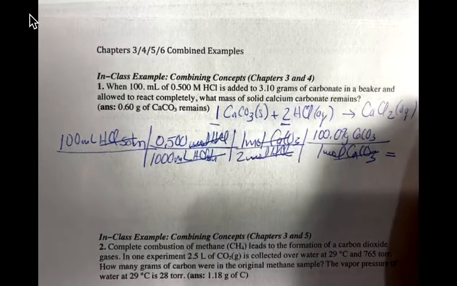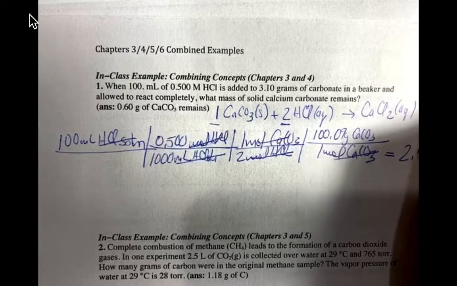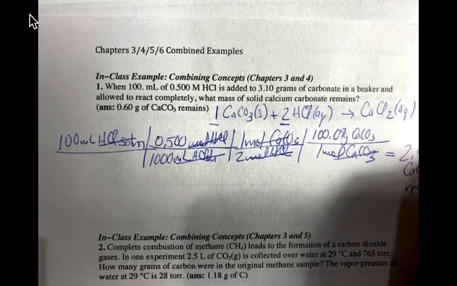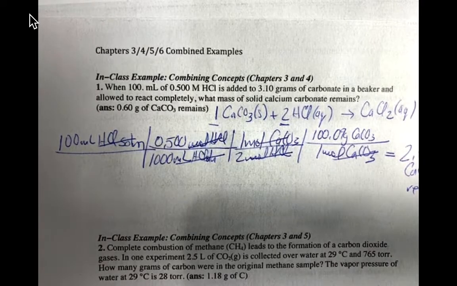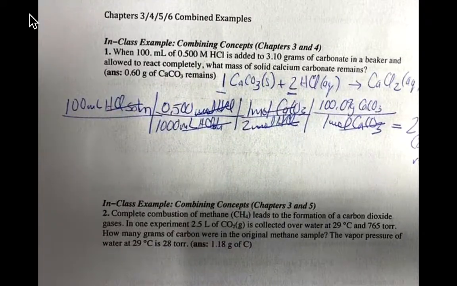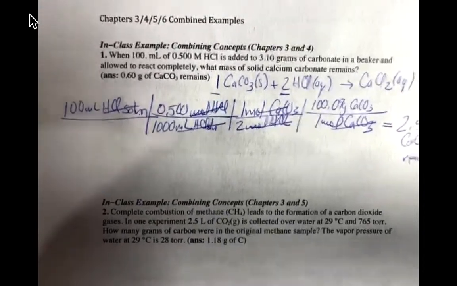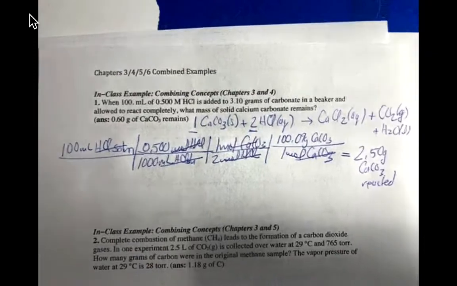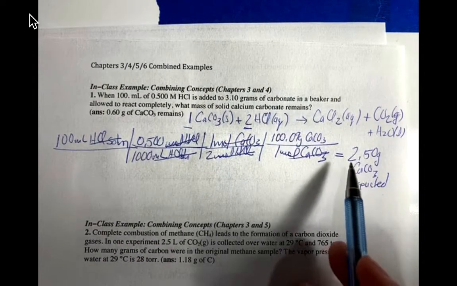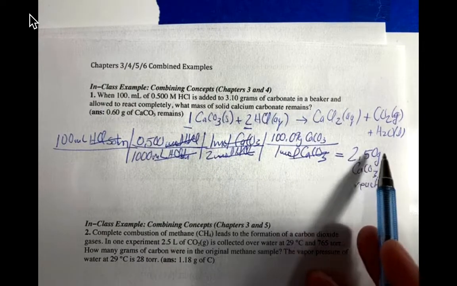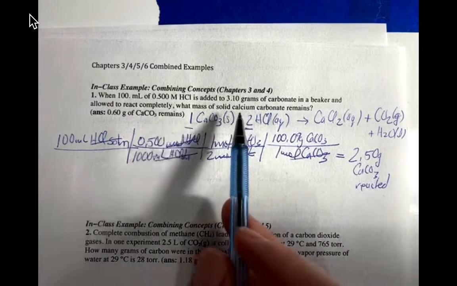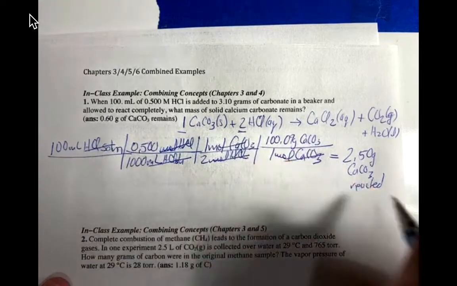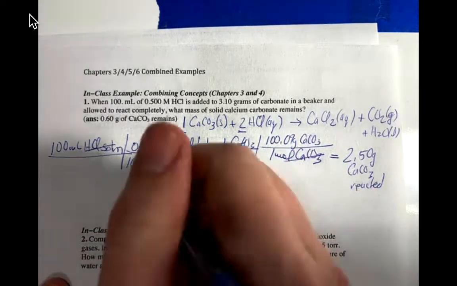Okay, so I get 2.50 grams of CaCO3 reacted. Okay, so now we can confirm this, our suspicion about the limiting reagent in the problem, because this HCl would react with 2.50 grams of calcium carbonate. We have 3.10, and so the HCl is the limiting reagent.